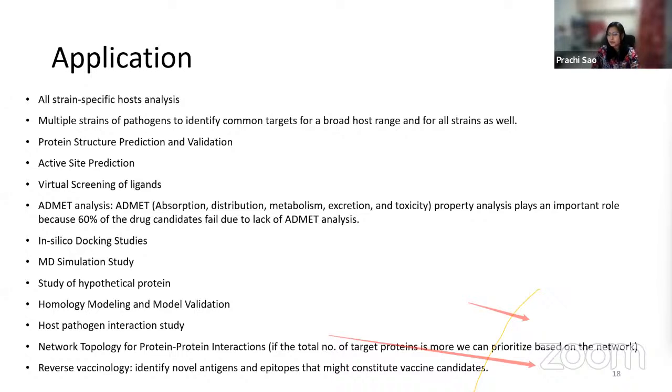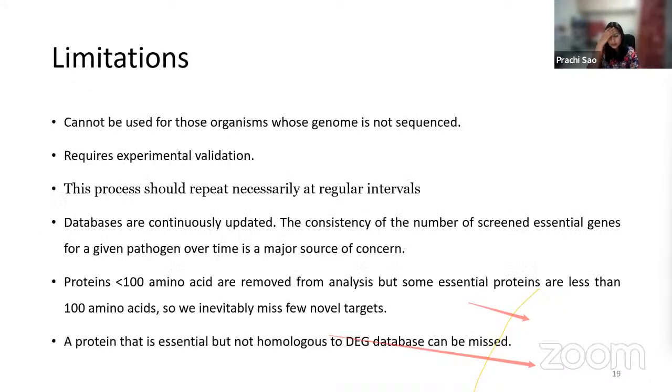So these are a few applications, but there are so many more variations we can do. Now this study is very good, but still it has some limitations. First of all, for an organism which doesn't have the whole genome available, it is very difficult to do this study, because if the sequence number is less, we cannot conclude anything. Then it also requires experimental validation when your targets are there.